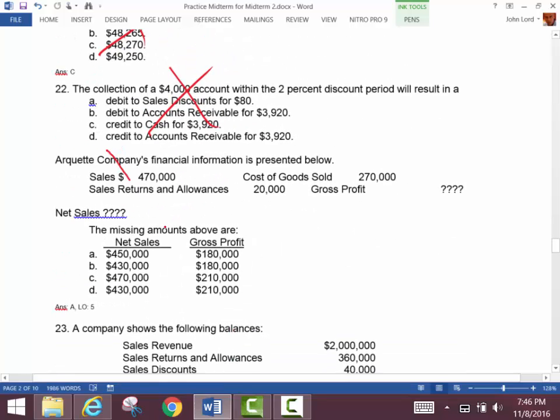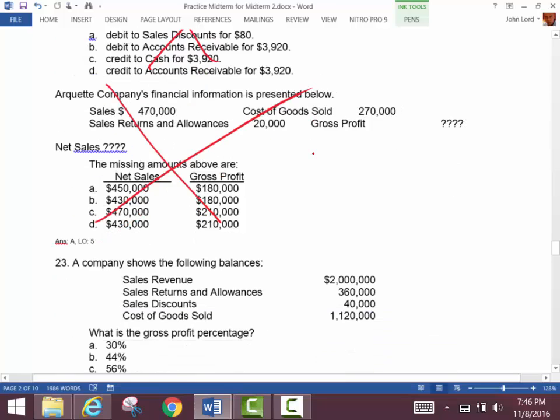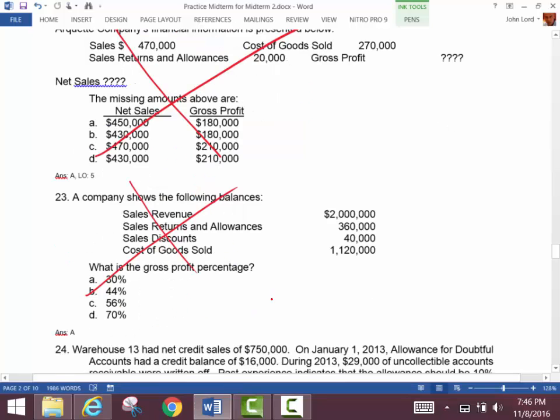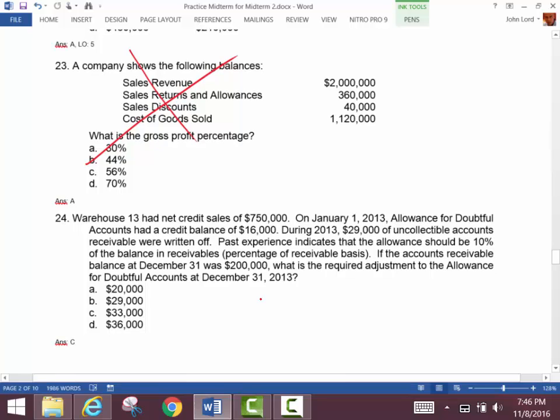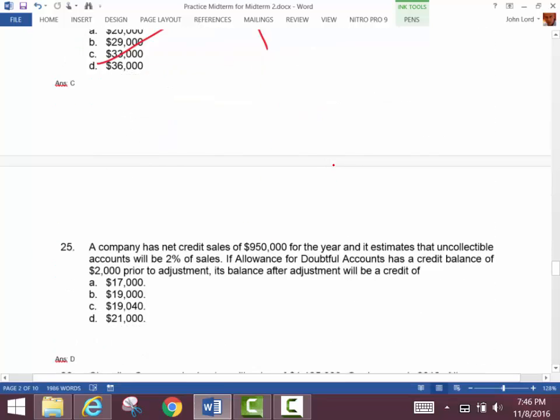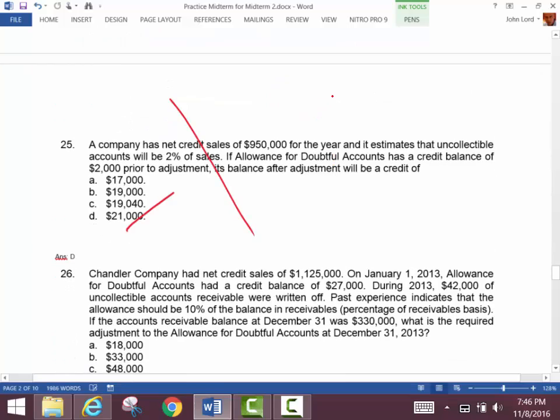Don't worry about this. Don't worry about this. Don't worry about this. Even though it's an allowance question, I don't like it. I don't like these questions anymore.